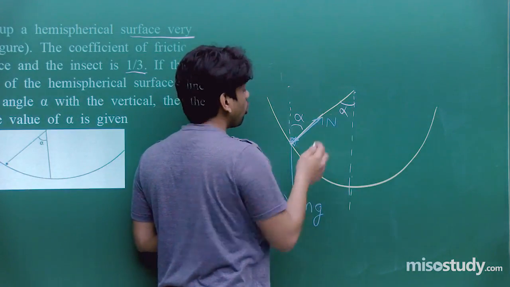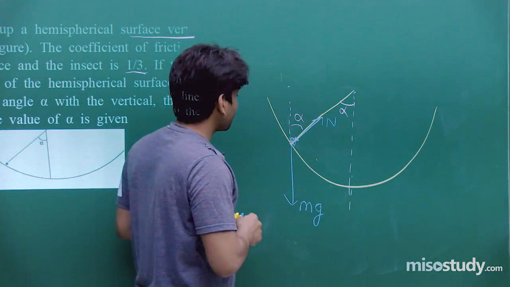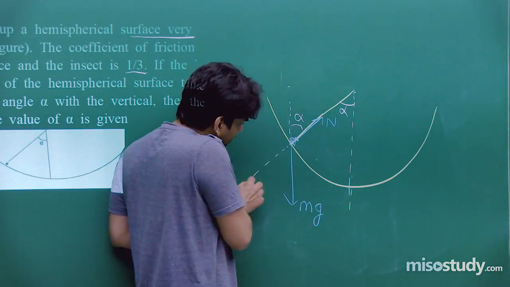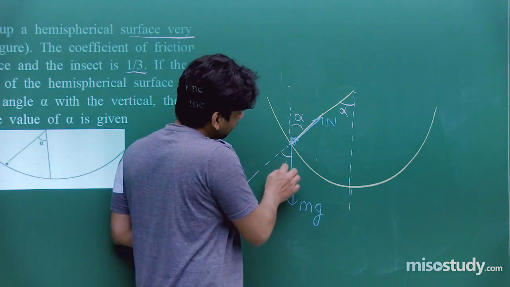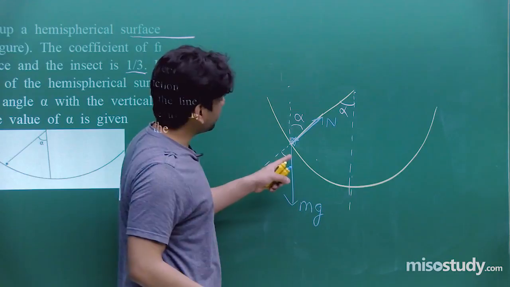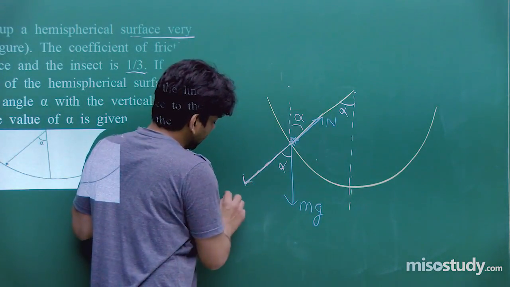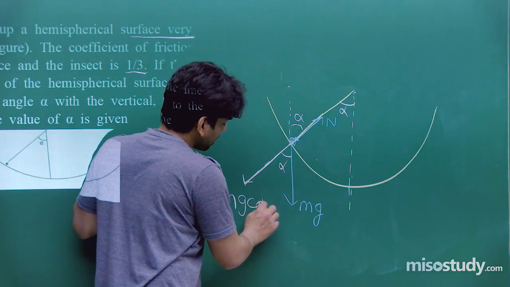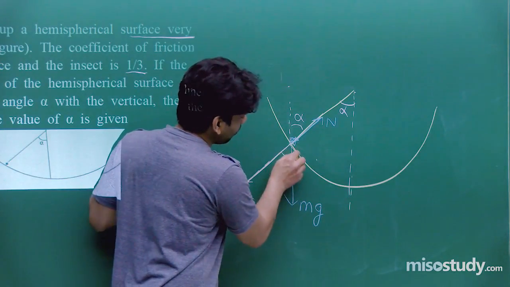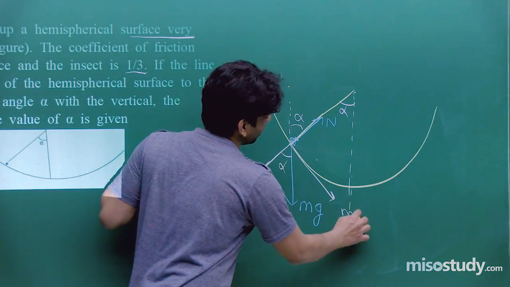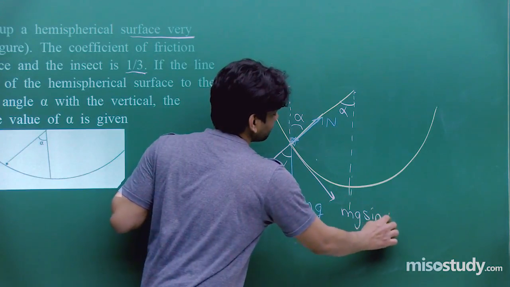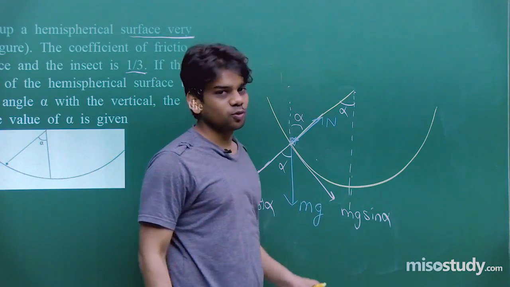This is the mistake that often students do. So mg, now see, if I find this, we will find that this is alpha. Now see, mg component that will be acting just opposite to normal, that will be mg cos alpha, and mg component tangentially will be acting, that will be mg sin alpha. I believe that this should be clear to you all.